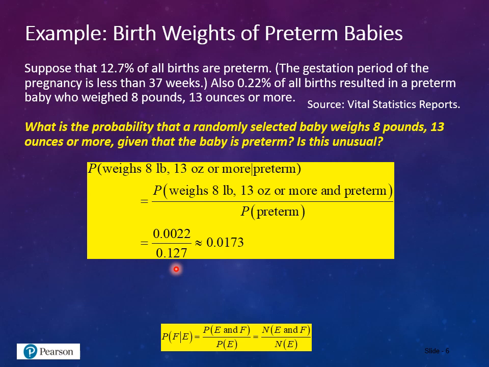So what do you think? Is this unusual or quite common? Well, 0.0173 is almost 2%, right? Almost 2%.